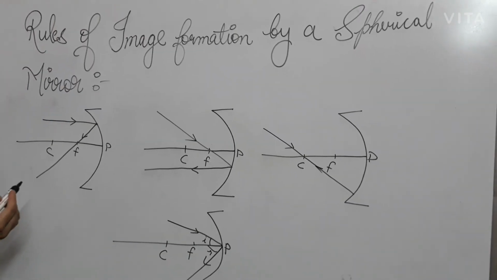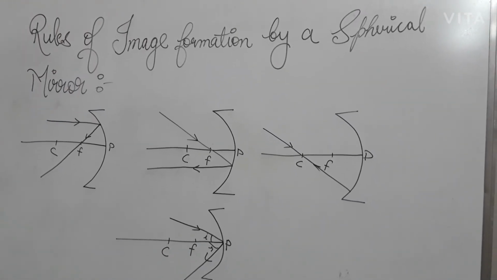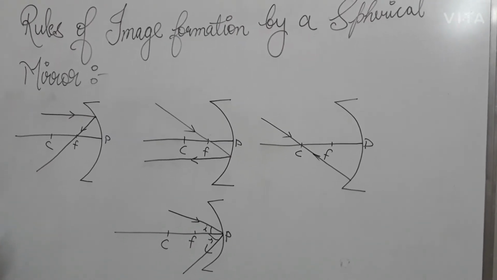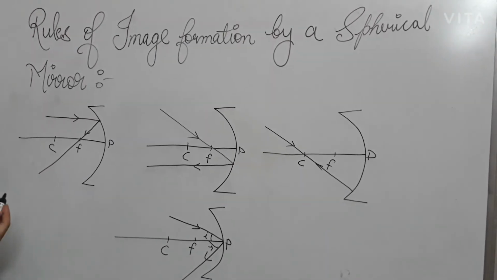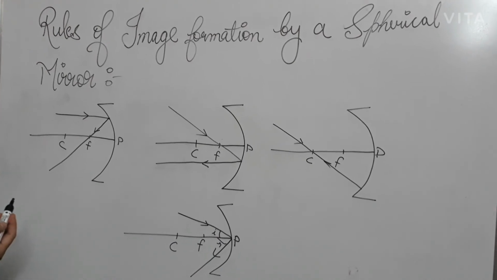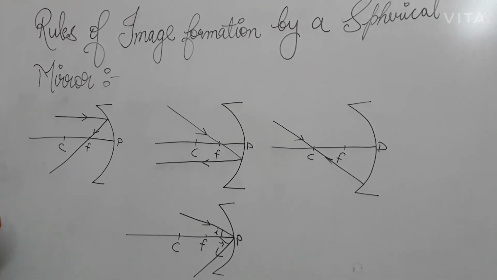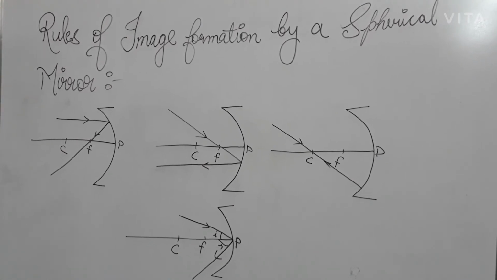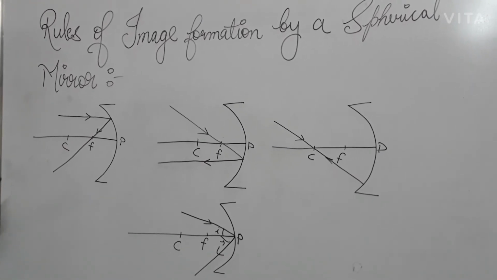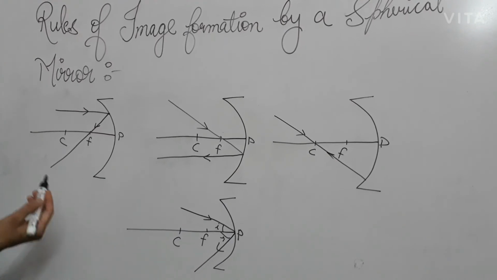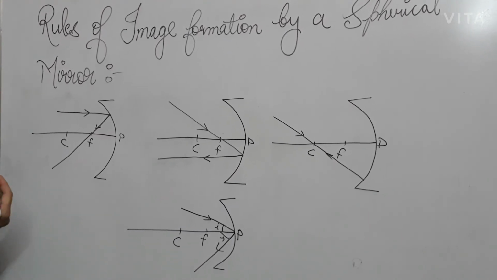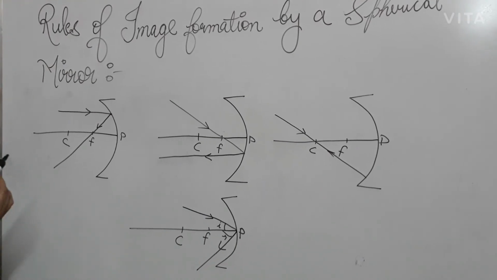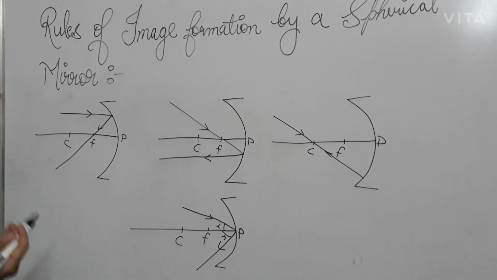Out of these four rules, we can apply any two rules and form an image through a spherical mirror. Remember, use any two rules and try to make an image through the spherical mirrors, whether concave or convex. In a concave mirror the image is really formed, but in a convex mirror the rays only appear to meet; they are not really meeting.